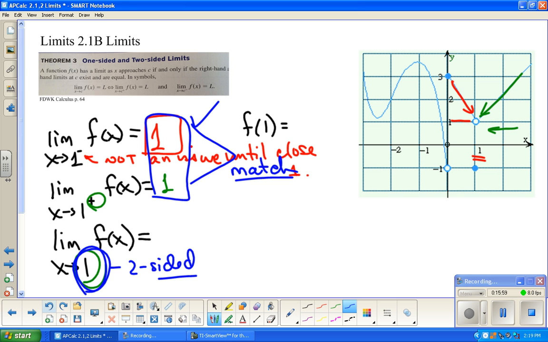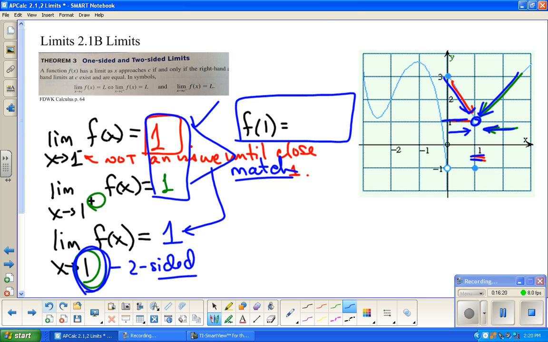So the answer is whatever that matching answer was. Remember what this is asking. As x approaches 1, what does y approach? As we approach 1 from the right and from the left, they approach the same value, and that value is 1.